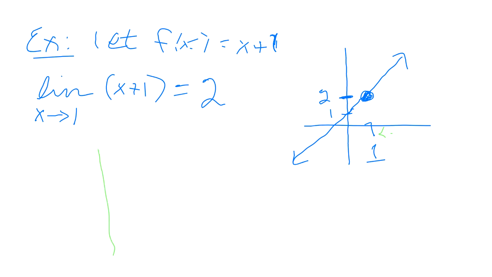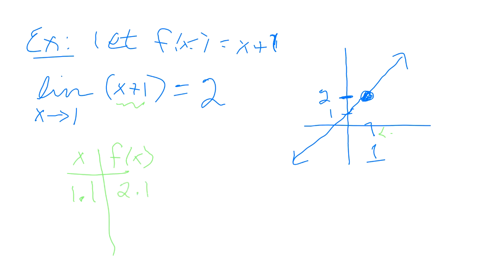We have x and then f of x. Let me approach 1 from the right. What do I mean by that? Well, if x equals 1.1, I'm just a little bit to the right of x equals 1, right? So if I plug 1.1 into my function, x plus 1, I get a height of 2.1, right?